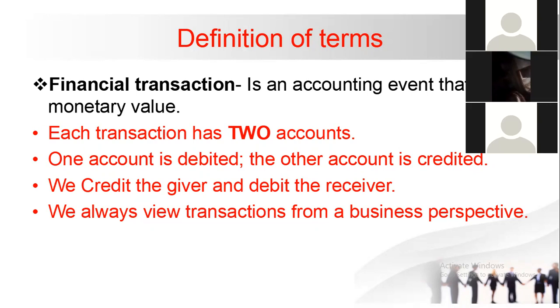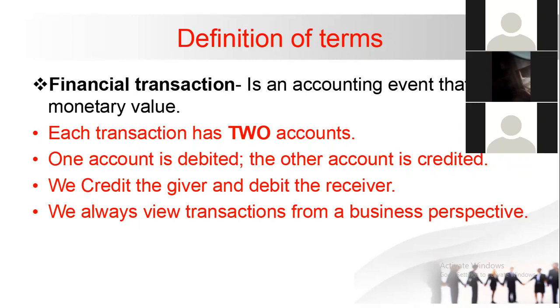So if anything happens today and it has a monetary value, it's a financial transaction. Suppose we've sold goods worth 500 rand, that is a financial transaction. And there are things that you should note about each and every transaction, as far as the accounting equation is meant to balance.